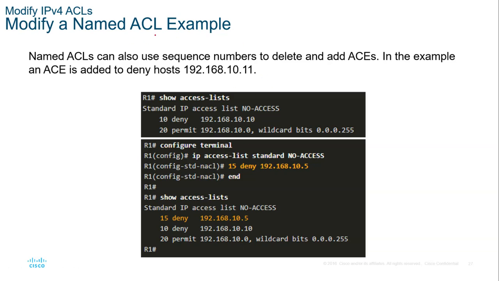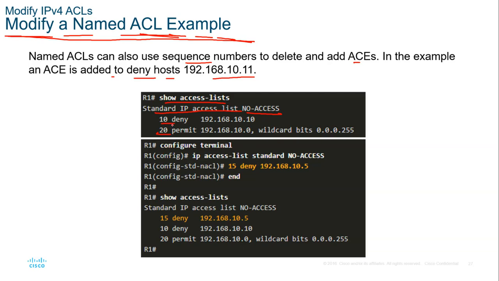Modifying the named access list example: a named access list can also use a sequence number to delete and then add entries. In this example, a deny host 11 is added. We have show access-list, our standard IP access list, with entries 10 and 20.